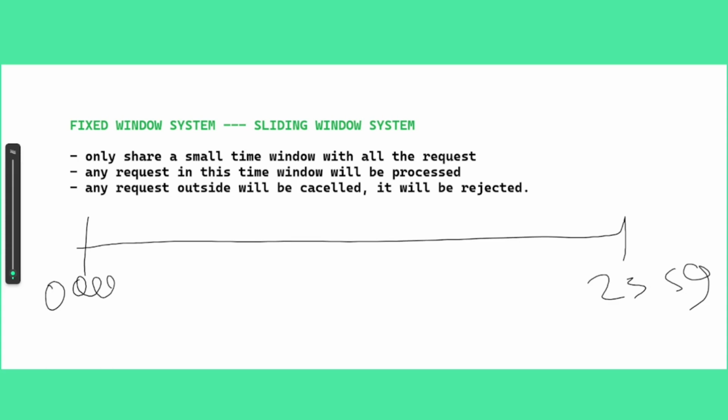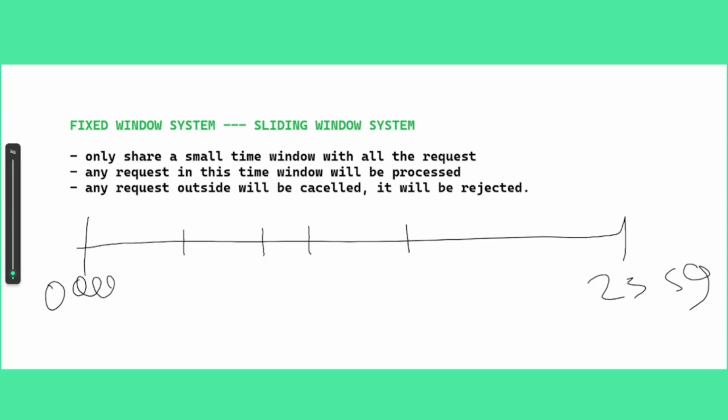So you will have small windows in which you will process the requests. For example, you will start at 4 a.m. till 5 p.m., and then from 5:30 to 6:30, like that. This is a very huge window, I'm giving you an example, but it could be a window of seconds or even minutes.